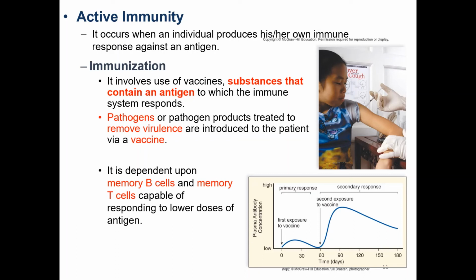Through vaccination, we are introduced to a weakened virulent pathogen or the pathogen product, so that it depends on our memory B cells and memory T cells to respond to the lower doses of antigen so that they can store the information of this pathogen. And in future, if there is an infection by this pathogen, our body has immunity against that pathogen.